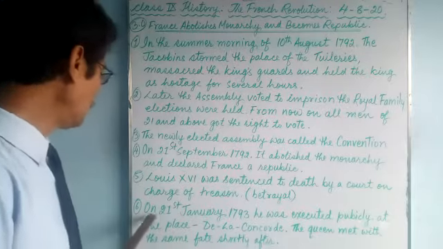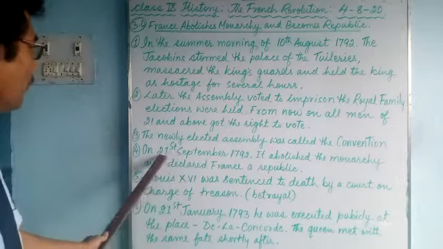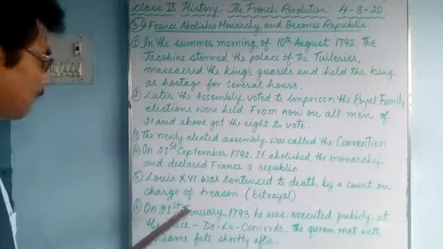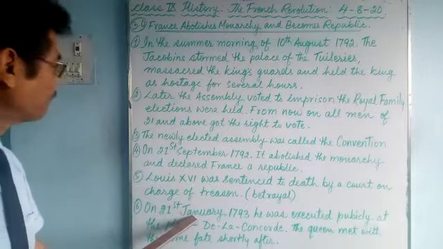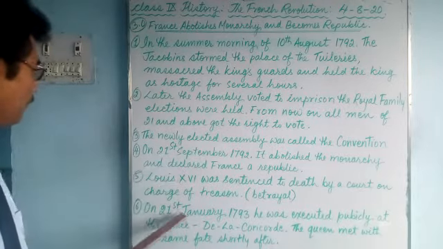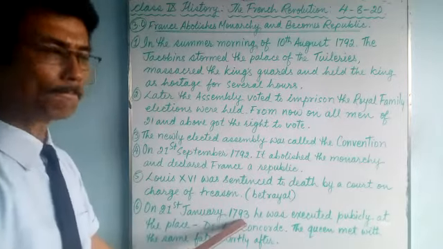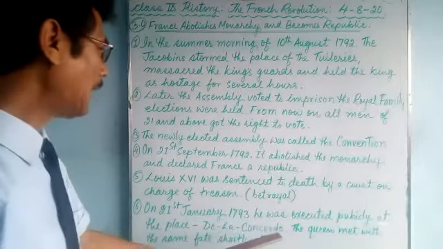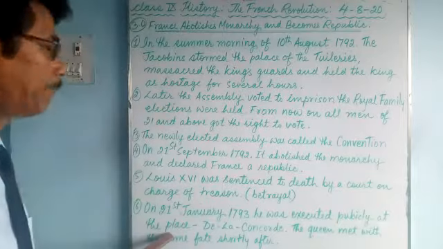Now he was seen here on 21st January. 21st September 1792, it was declared a republic, and after 5 months, on 21st January 1793, he was executed publicly. He was brought out in the city square and guillotined.